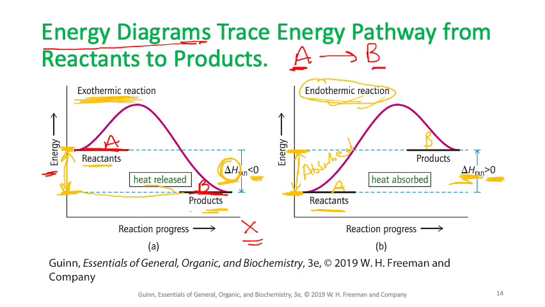And you determine the delta H of the reaction by getting the difference between the reactant and product side, right? We can get delta H by a formula, which we can see on the next slide. It's basically the same thing that we just discussed on this slide. But let's go to the next slide and try to understand the formula, how you're going to get delta H from the energy.